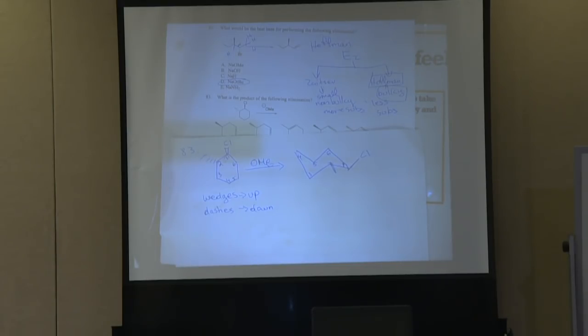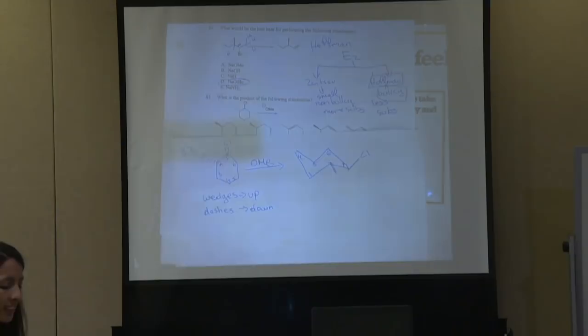But chlorine's not going to be equatorial on every single carbon. Every carbon has a different position. Every carbon has an equatorial and an axial. But the rest of them, we don't need to label since they don't have any substituents, right? I just do because I'm used to it.